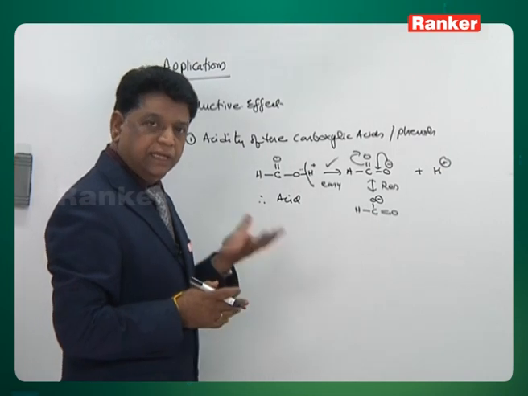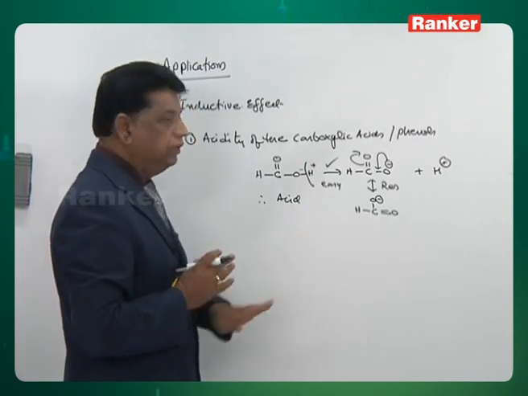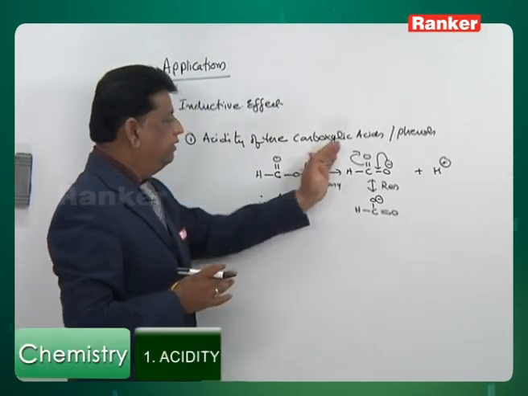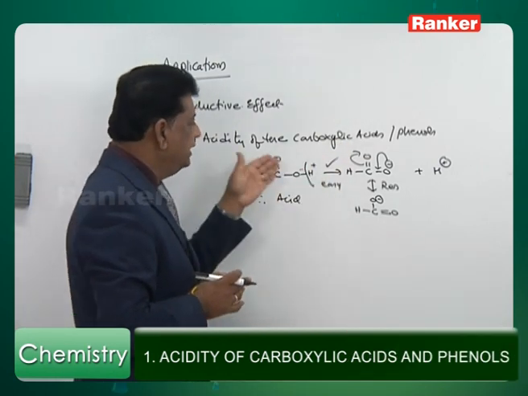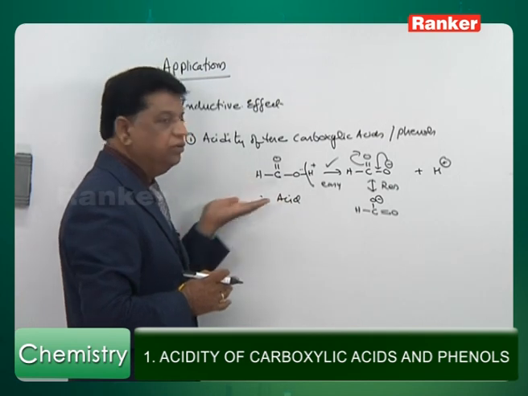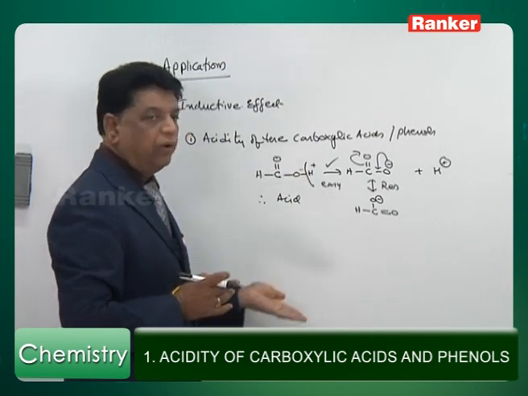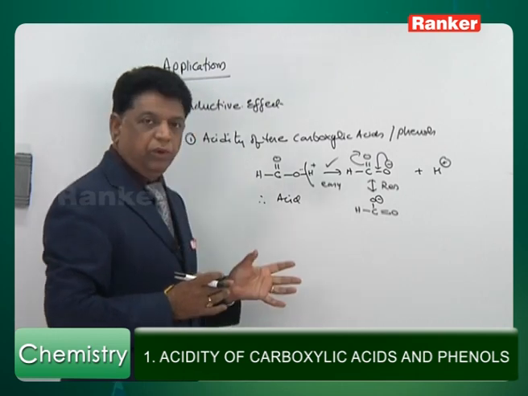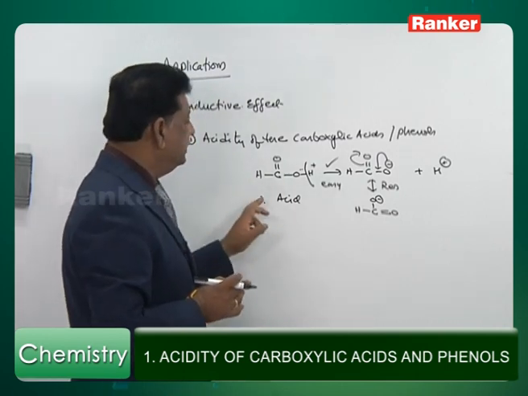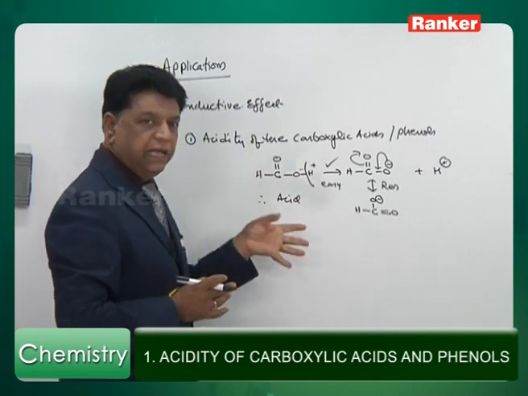Anion formed, if it has stability, it will lose, otherwise no. So, in this case, we have resonance stability, therefore, the process of losing the proton is easy, or it is favorable to this molecule. The removal of the proton is nothing but the acidity definition. Any compound that gives a proton is called acid. So, this acid is donating the proton, therefore, it is acid.